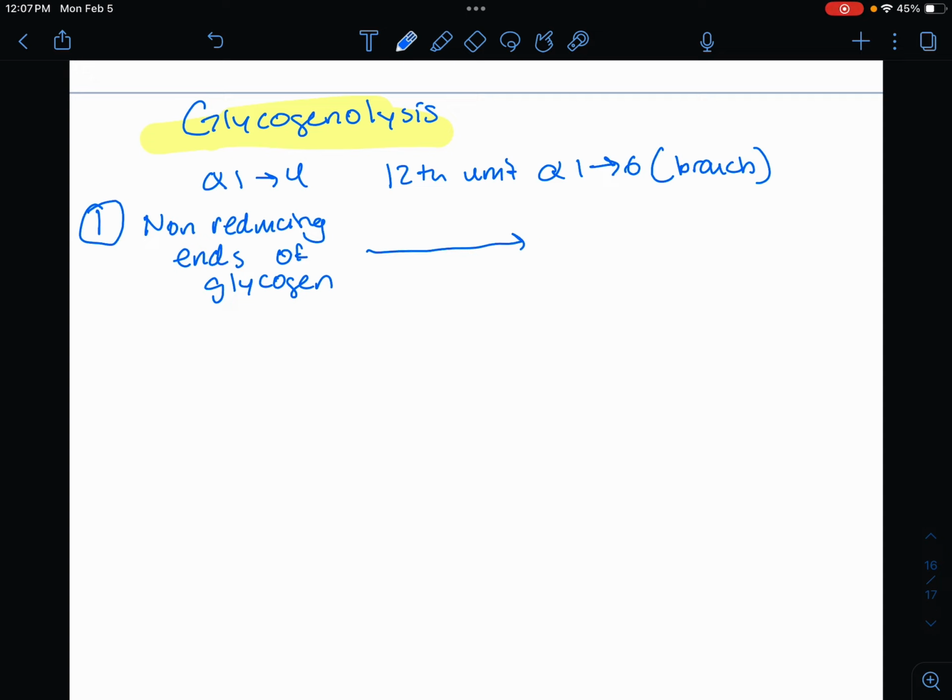We're going to be using this enzyme called glycogen phosphorylase. And when we use glycogen phosphorylase on these non-reducing ends, we are going to get a bunch of free units of glucose 1-phosphate.